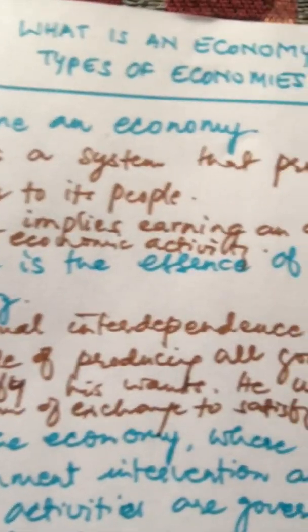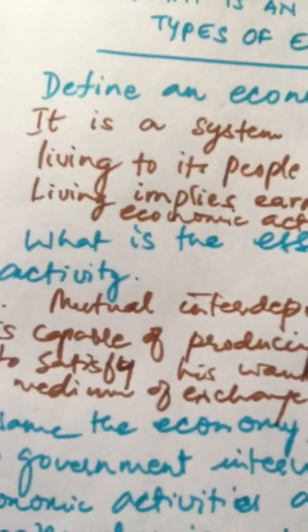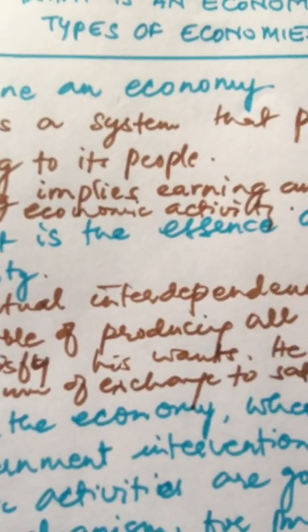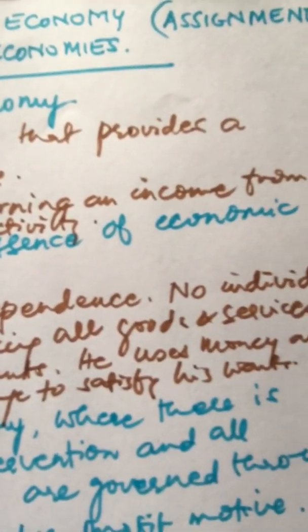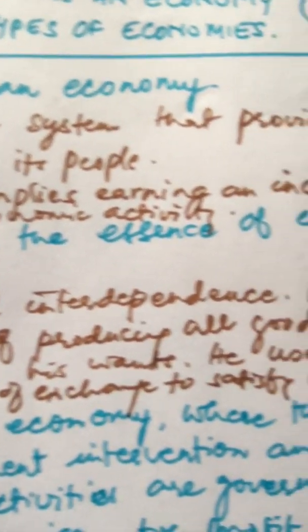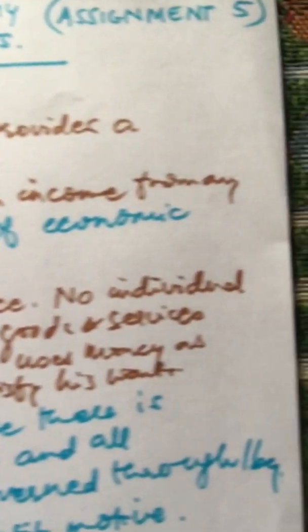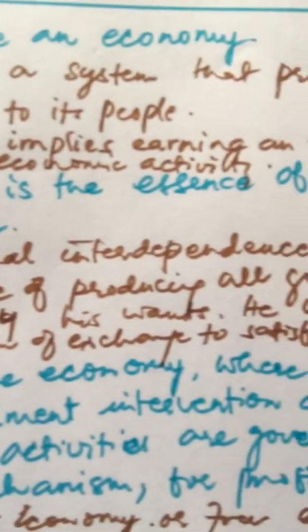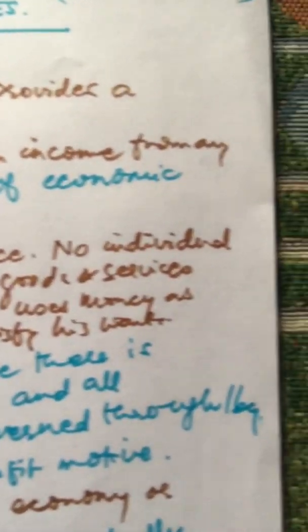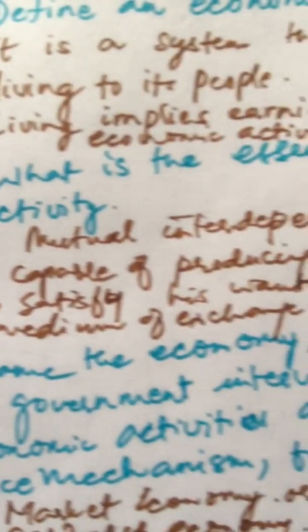Second is, what is the essence of economic activity? The essence of any economic activity is mutual interdependence. No individual is capable of producing all goods and services to satisfy his wants.